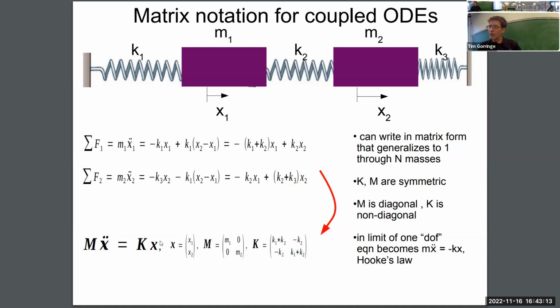If you were to think about writing this out in terms of the matrices and the vectors, if you take the vector x and multiply the upper row of the spring matrix, you're going to get the first of these differential equations, the one for the left-hand mass.